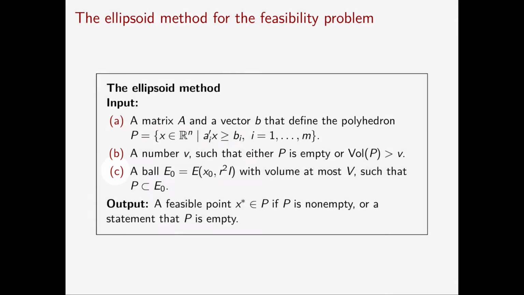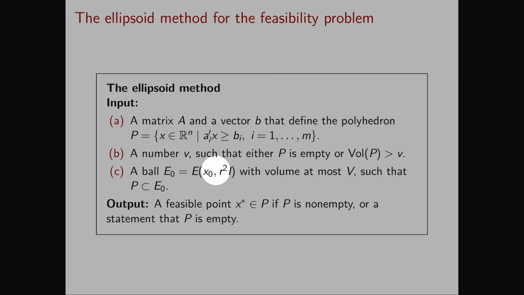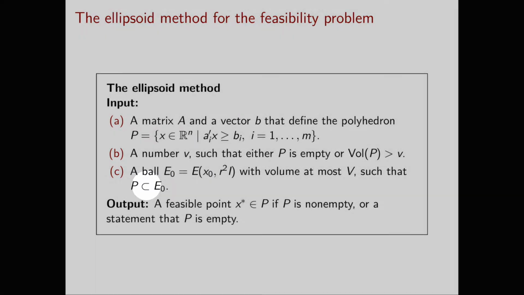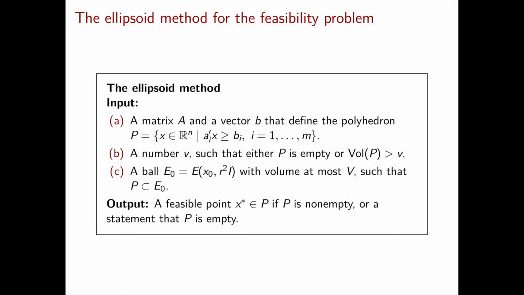Finally, in input, we have a ball E0 with center x0 and radius r, with volume at most capital V, such that P is contained in E0. The output of our ellipsoid method is a feasible point x* in P if P is non-empty, or a statement that P is empty. In particular, note that the ellipsoid method, if P is non-empty, doesn't only give you a statement that P is non-empty, but it also gives you a feasible point in the polyhedron.